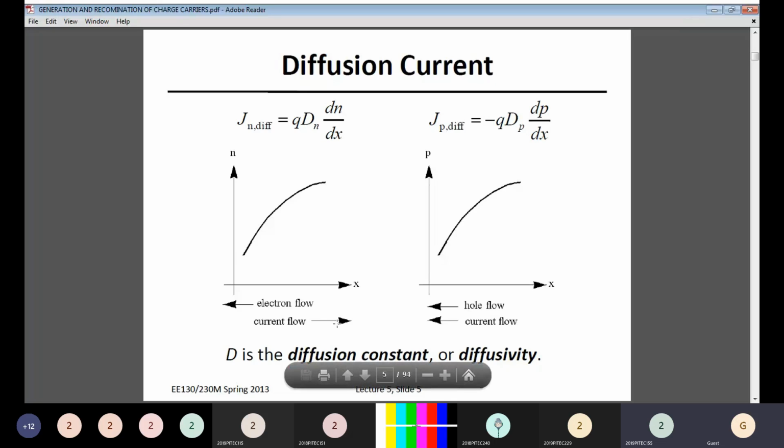So the flow of current is opposite to the direction of electron flow in the n-type region, whereas in the p-type region, holes are the majority carriers, positively charged particles, which lead to positive current. So the direction of current flow is the same as the direction of flow of holes, the charge carrier particles in the p-type region.